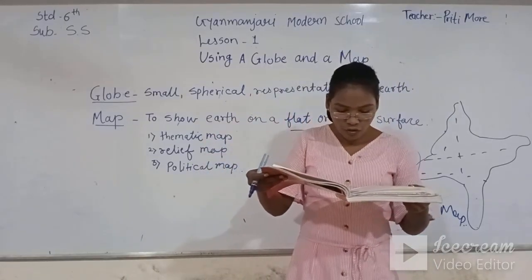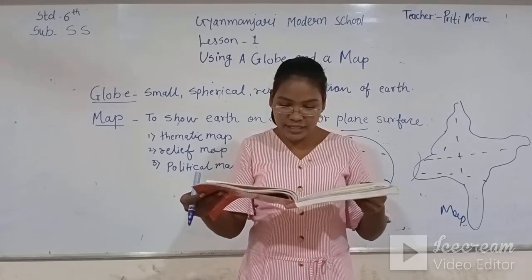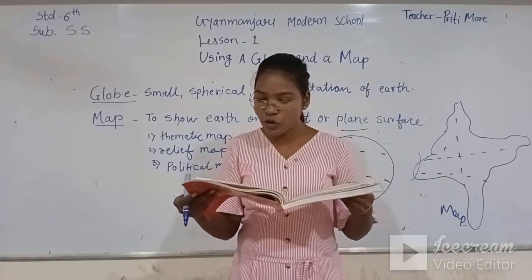On both a globe and a map, we have lines called latitude and longitude. These are not real lines but imaginary lines drawn on the surface of the earth.